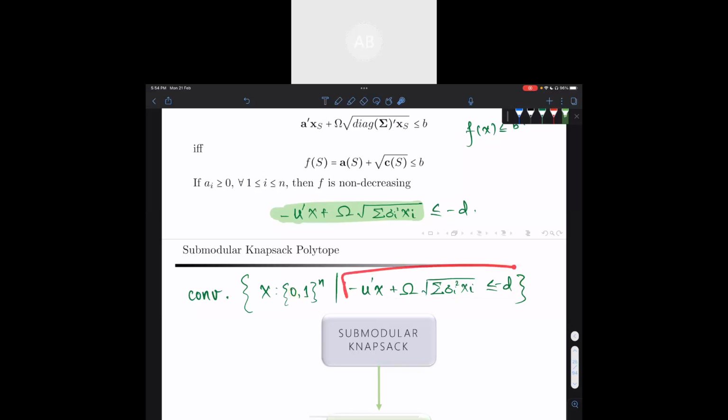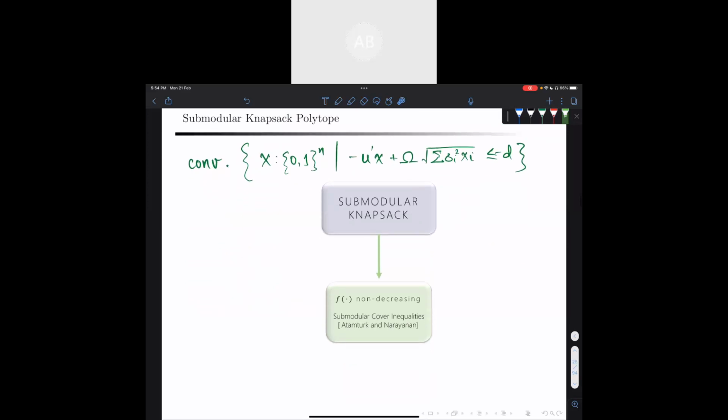If you look at the convex hull of all these points, you're looking at some subset of the vertices of an n-dimensional hypercube, and that is always going to be a polyhedral set. But what we are interested in is the facets of that set. If we can find the facets of that set, then we're in game. We can solve this problem really fast.